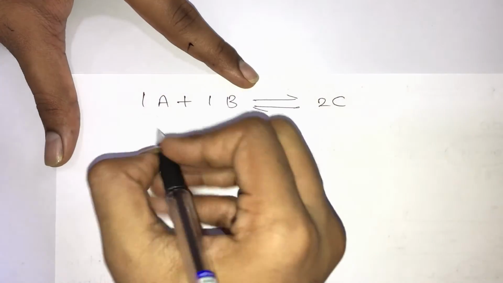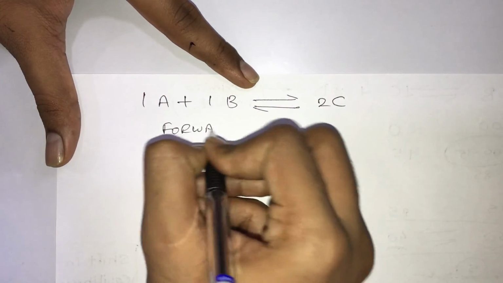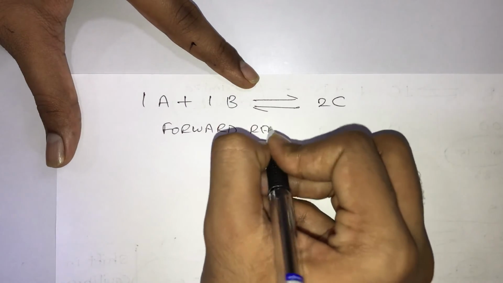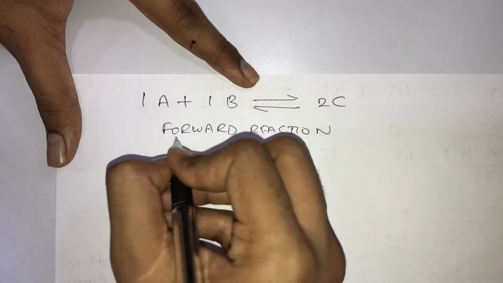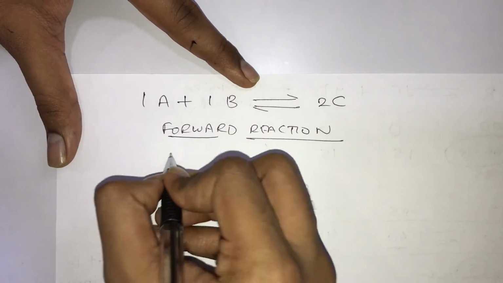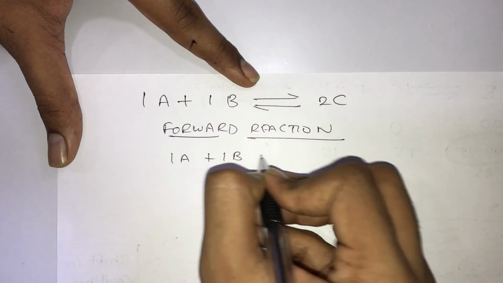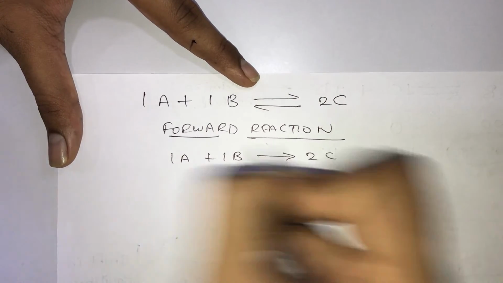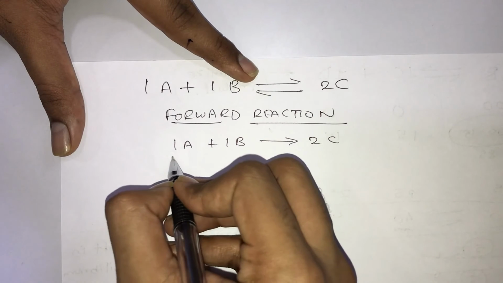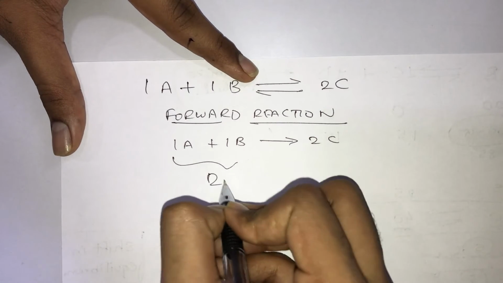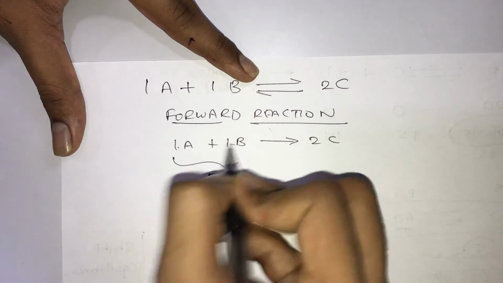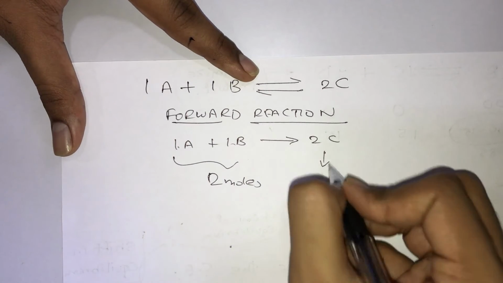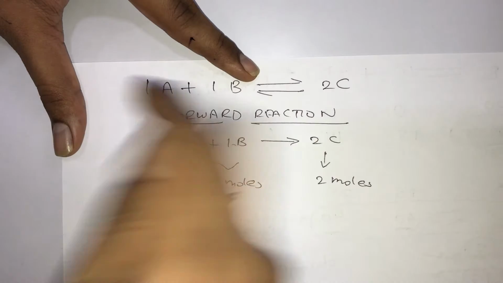Now if you consider the forward reaction, what is the forward reaction? 1A plus 1B gives you 2C. Over here, can I say 1 plus 1, 2 moles are getting converted into 2 moles? Am I right?